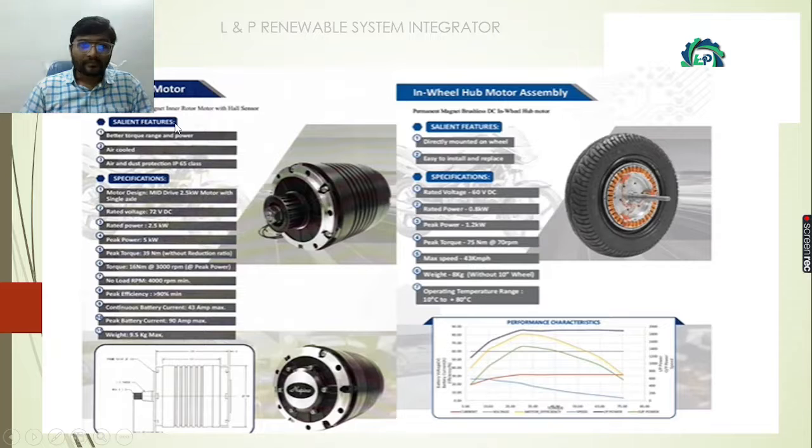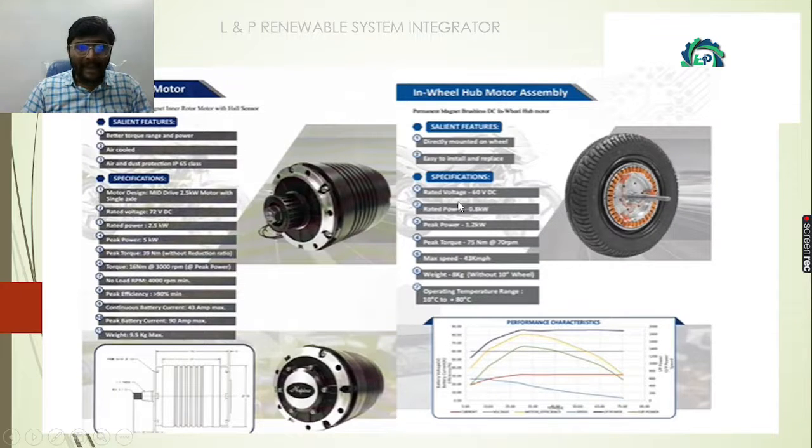If we get into the salient features, for this one we need an air cooled one, and it is IP65 since it has very good protection from air and dust. It has a better power range. The hub motor assembly is easy to install and replace. Mostly it is used in 2-wheelers, and the other is mostly used in 4-wheelers.